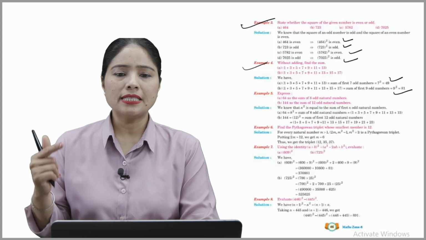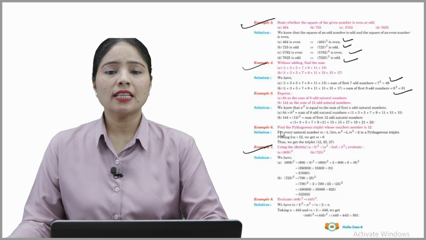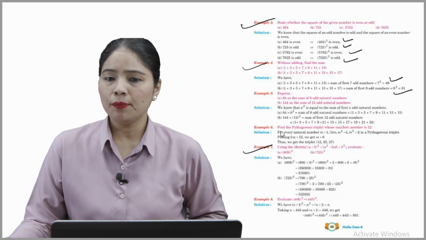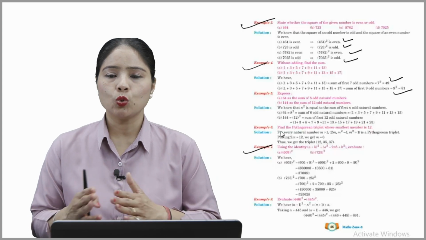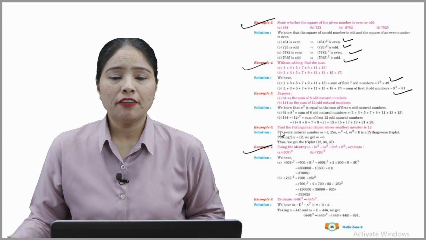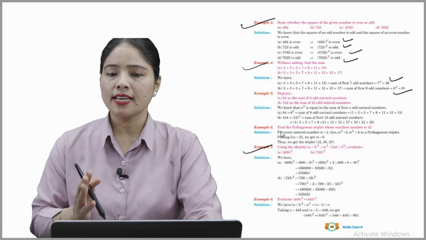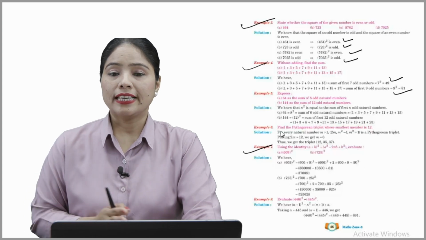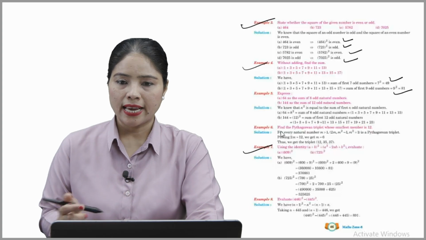I hope you understood the Pythagorean triplet. Now example 7. So in that, using the identity (a plus b) square is equal to a square plus 2ab plus b square, ये हमारा evaluate करना है 609 square. So we have 609 square is equal to कितने होते हैं? Just expand that value, 600 plus 9.